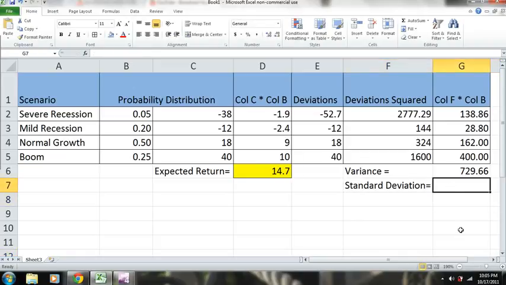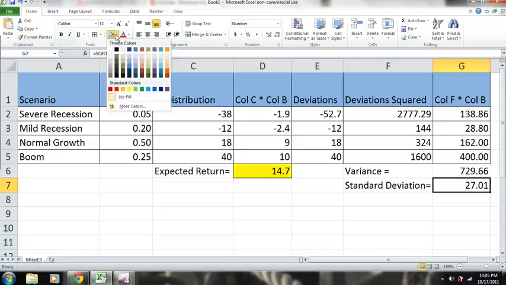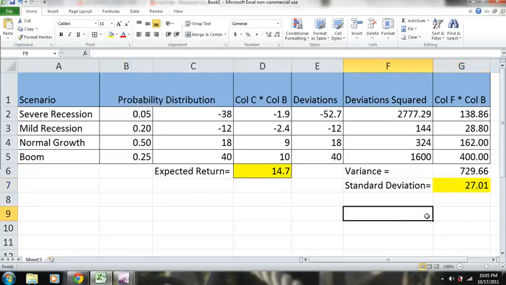Okay, so SQRT, or equals SQRT. There, we have a standard deviation of 27.01.